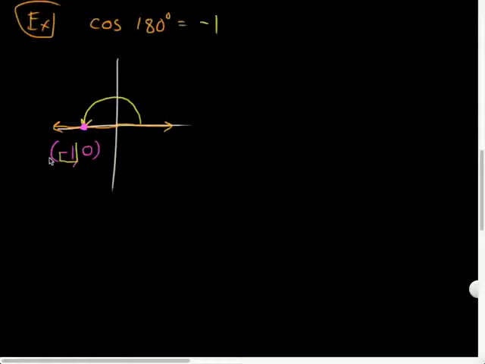So it's just whatever x happens to be for that angle. So I could even ask a follow-up question. What is sine of 180 degrees? 0. And how do you know that? Because sine is y. So I was able to calculate sine of 180 degrees.